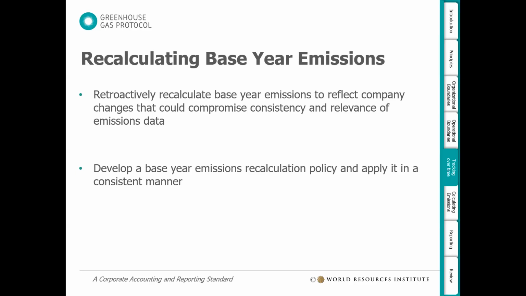Essentially, this policy would state when changes are significant enough to trigger recalculations, and I'll come back to that point in just a second. Finally, companies also need to report in their inventories when and why they've recalculated their base period data.